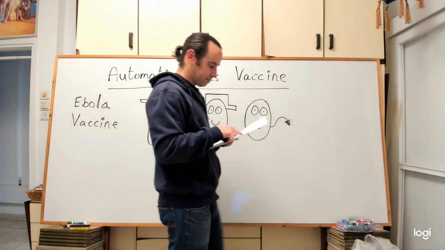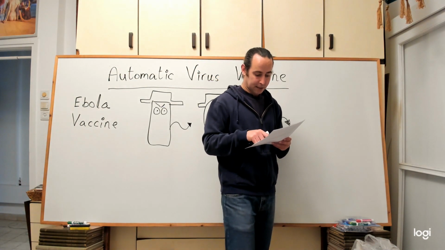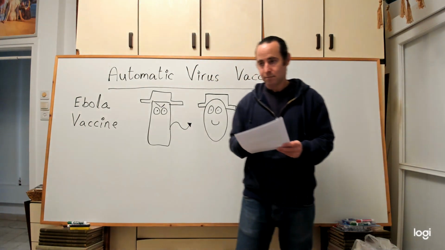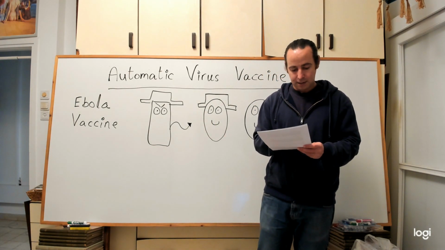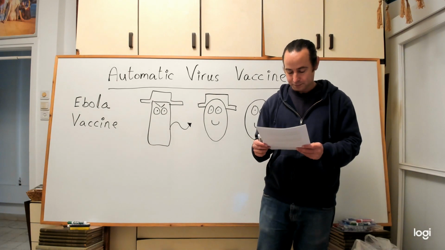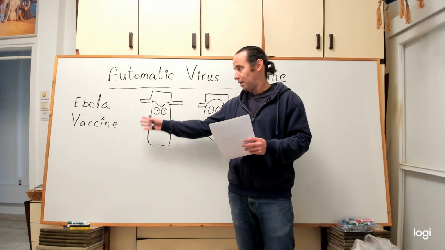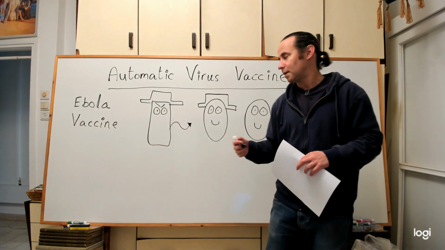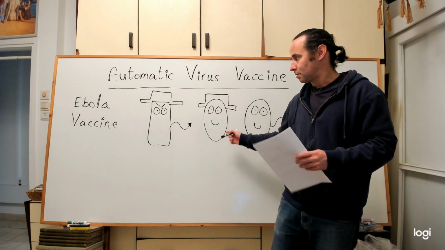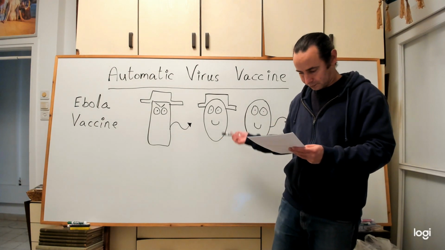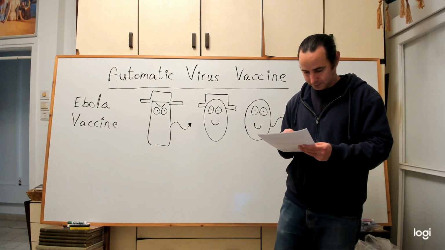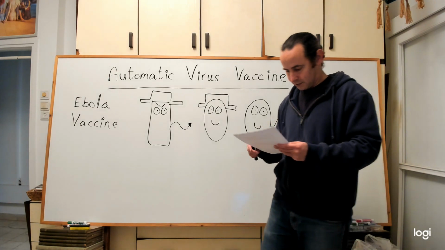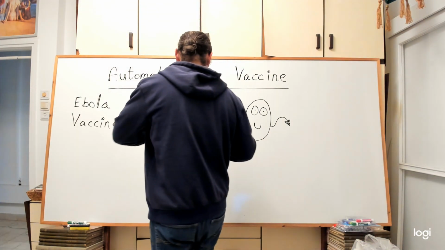Using a vesicular stomatitis virus, this is the good virus, or chimpanzee adenovirus. So in the Ebola vaccine virus, this one is called vesicular stomatitis.